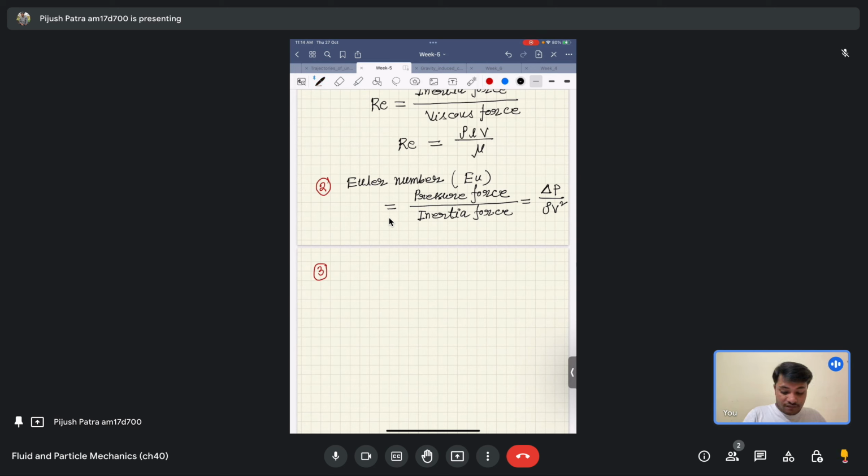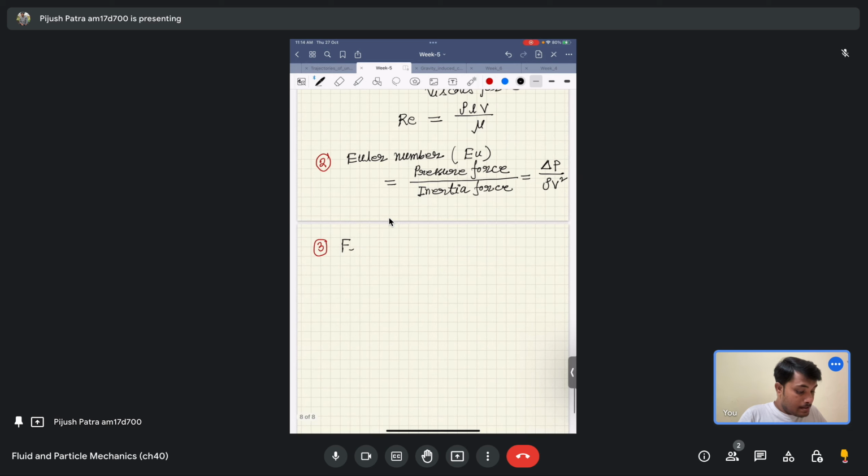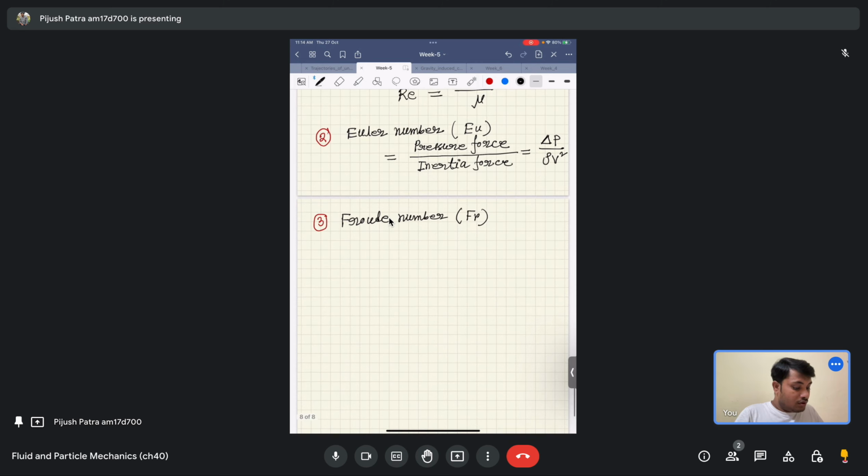Number 3 is the Froude number, Fr, which is equal to the inertia force divided by the gravity force.